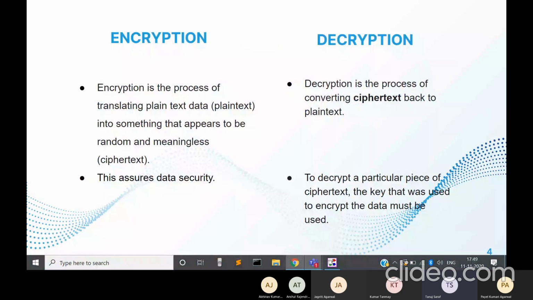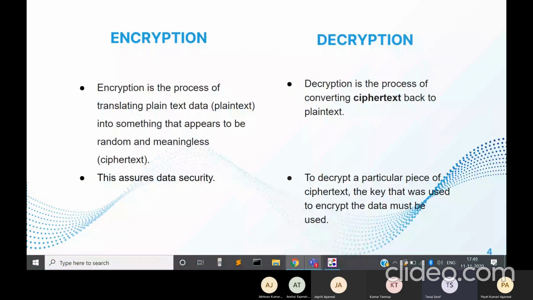Encryption is a process in which plain text data is converted into something known as ciphertext, which is rather random and meaningless. It is a code that normal humans would not be able to interpret. And decryption is the reverse process in which we convert this ciphertext back to the plain text. The encryption is done at the transmitter end before transmitting the message, and then the encrypted message is transmitted to the receiver side.